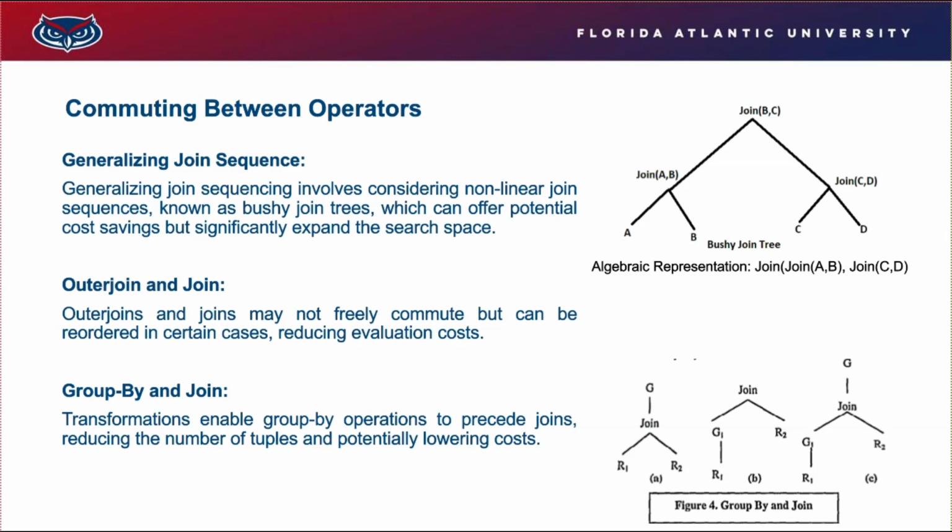And in outer join and join, techniques for reordering can reduce evaluation cost, optimizing query performance. In group by and join, transformations enable group by operators to precede join, reducing the number of tuples and potentially lowering cost. Stage aggregation techniques further optimize.